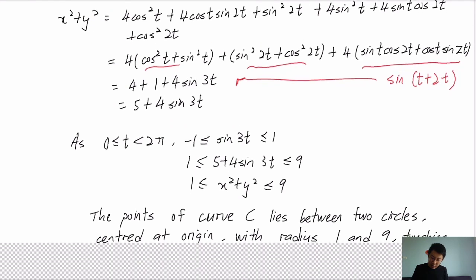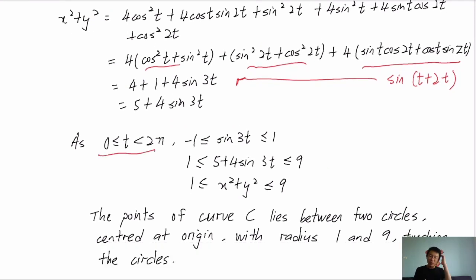We know that t can take different values. If you look at the right hand side of x squared plus y squared, which would be our r squared, we know that for any sine function, the value is from -1 to 1, with t from 0 to 2 pi.